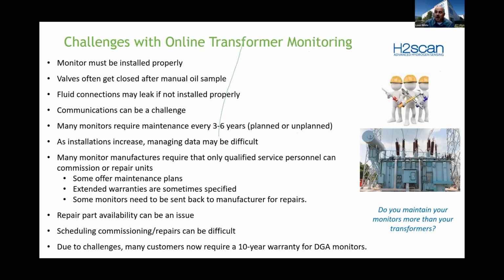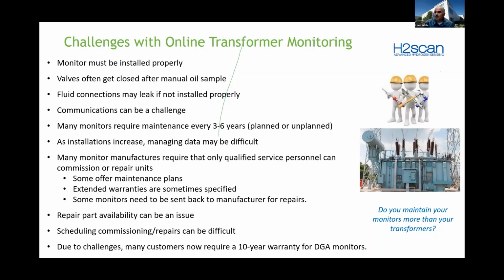A lot of monitors cannot be shipped on the transformer. They need to be removed from the transformer for shipment and then reinstalled in the field. And so there's a lot of details that need to be paid attention to when installing the monitors.